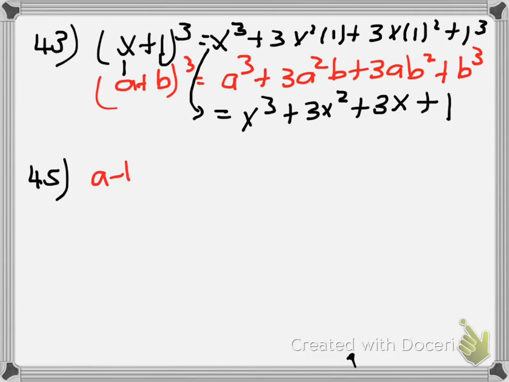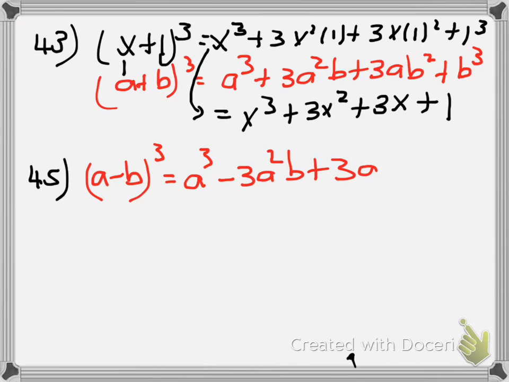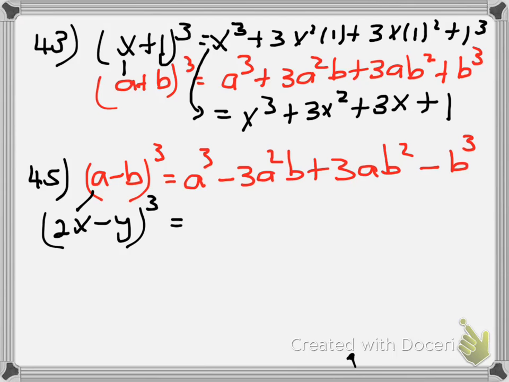That's a minus b cubed is a cubed minus 3a squared b plus 3ab squared minus b cubed. So the question is 2x minus y, 2x minus y cubed. This time I'm going to replace the a with a 2x and the b with a y.